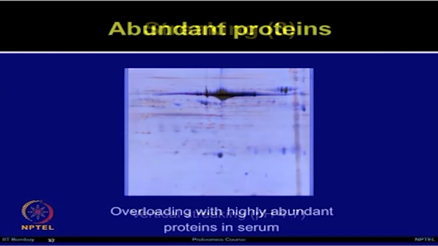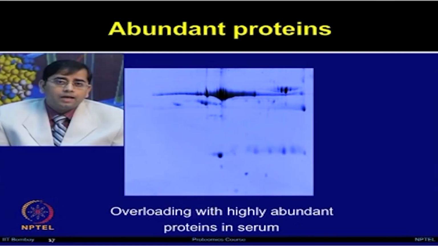Now, abundant proteins, as we briefly talked about last time. Sometimes crude samples contain highly abundant proteins and salts. Abundant proteins are one of the major interfering components which can be easily seen on the gel. If you have a serum sample, there are many interfering components present, including abundant proteins such as serum albumin.